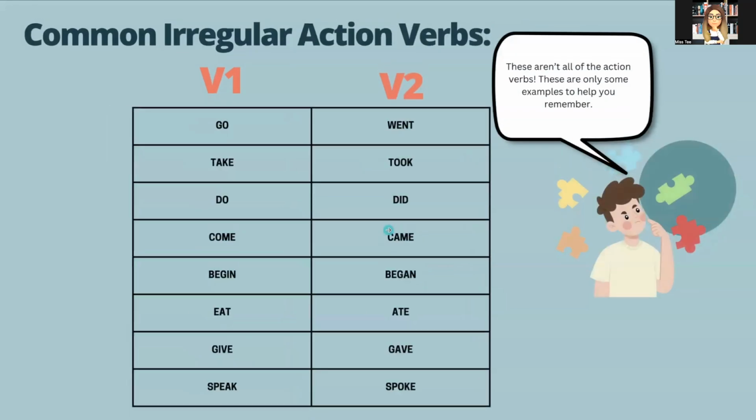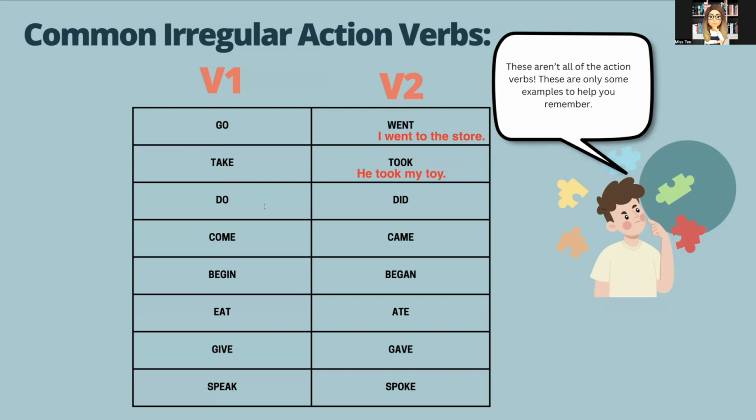Now, there's also really common irregular verbs that are just action verbs. So we have, for example, go is in V1 form and went is there. So you would say like, I went to the store, for example. Instead of take, we say took. He took my toy, for example.